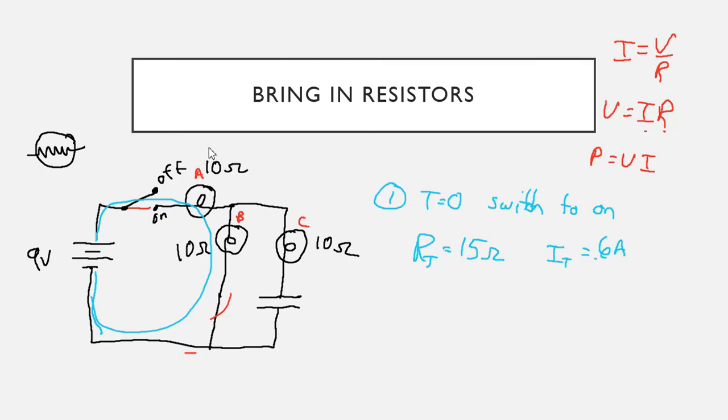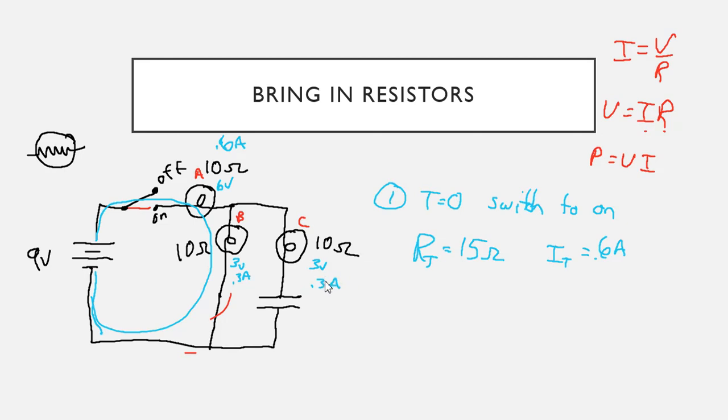I know this one is going to get 0.6 amps, and 0.6 times 10 is 6 volts, which means this is going to be 3 volts due to the voltage loop, and this is also going to be 3 volts. And therefore, this is going to be 0.3 amps, and this is going to be 0.3 amps.